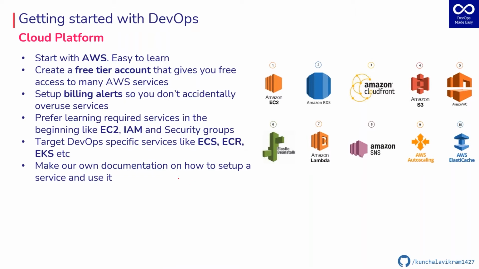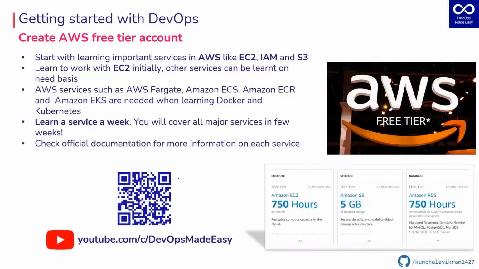So it is always suggested you make your own documentation, and you should not rely on the provided ones. First we'll start with AWS EC2, IAM, and S3. The first and foremost service should be EC2. You have to master the EC2 service, because there are many features in EC2 and many instance types.